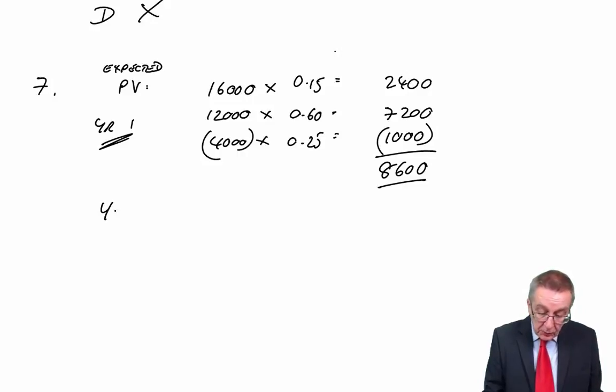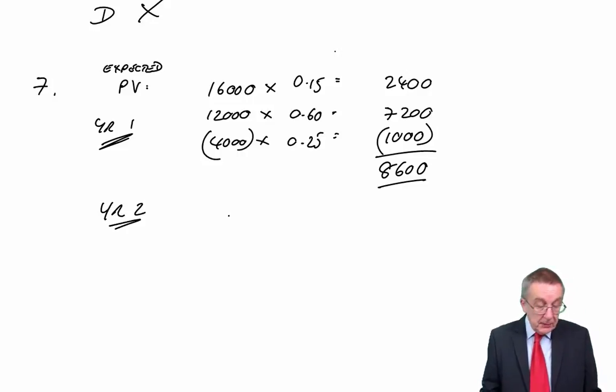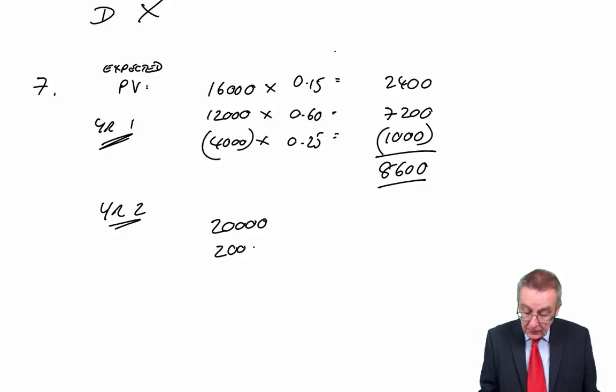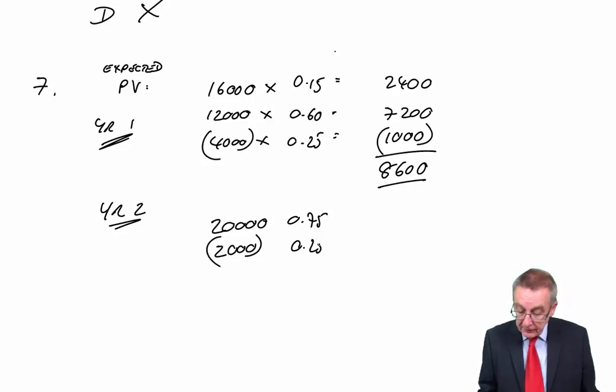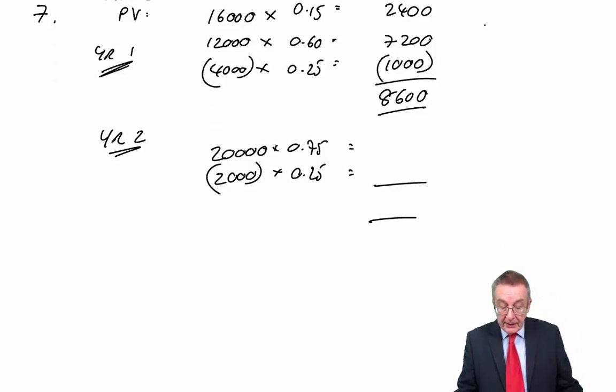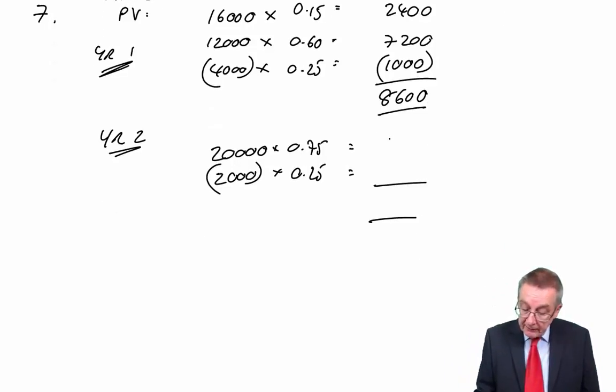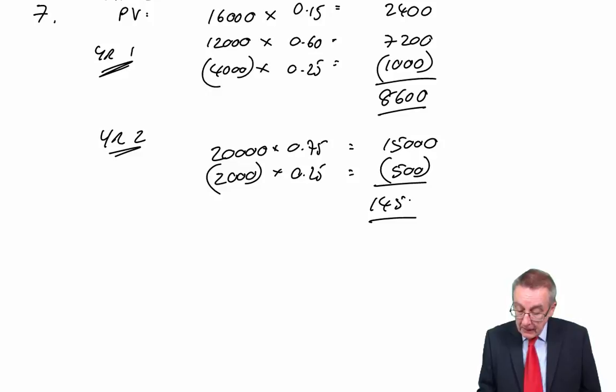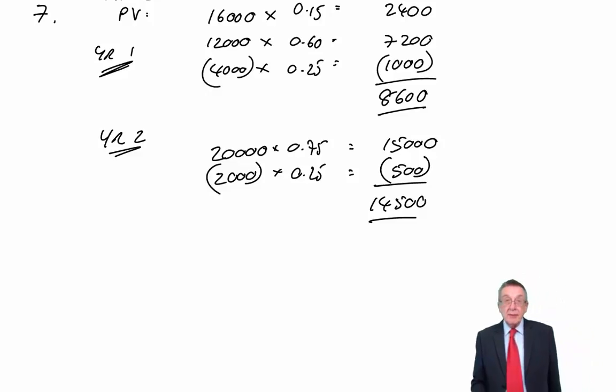The year 2 expected present value is either 20,000 or minus 2,000 with probabilities 0.75, 0.25. So again, for the expected present value, multiply by the probabilities and add up. 20,000 times 0.75 is 15,000. 2,000 times 0.25 is 500. It's negative. And so 14,500.